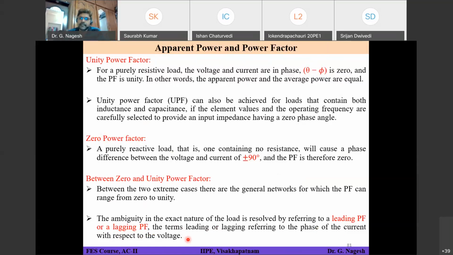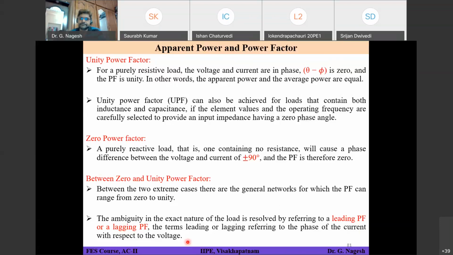Leading and lagging is basically the difference in the phase of the current with respect to the voltage. With your voltage reference, if your current is leading by 90 degrees, then you have a power factor of 0 and the nature of the load is capacitive, with the current leading. If the current is lagging by 90 degrees, then your power factor is 0 and the nature of the load is inductive.